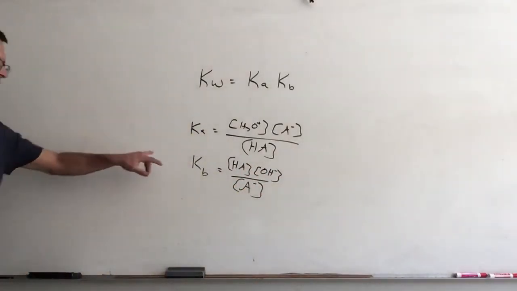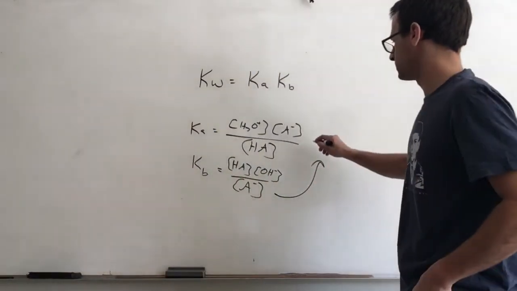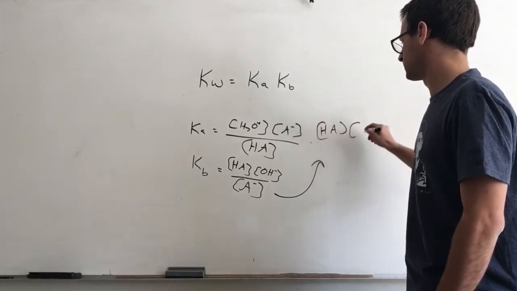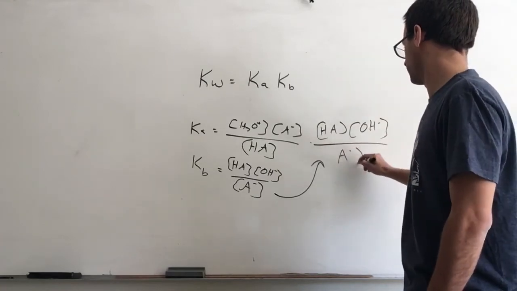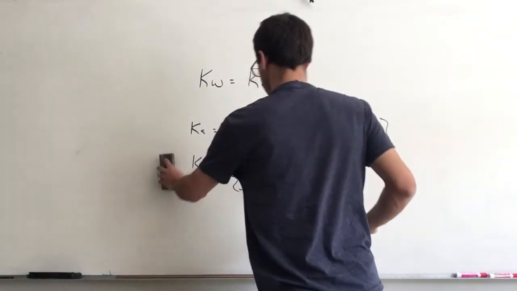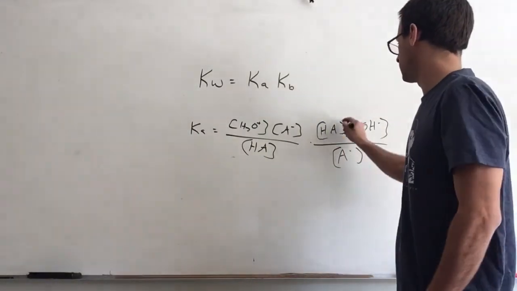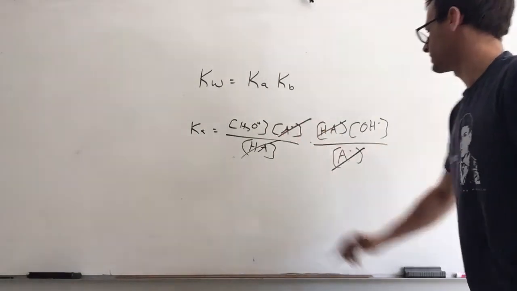So if you look at these two expressions for a conjugate pair, let's put this one next to this one. We're going to look at HA. If you multiply these two together, what you'll notice is that the HA cancels on the top and the bottom, and the A cancels on the top and the bottom.